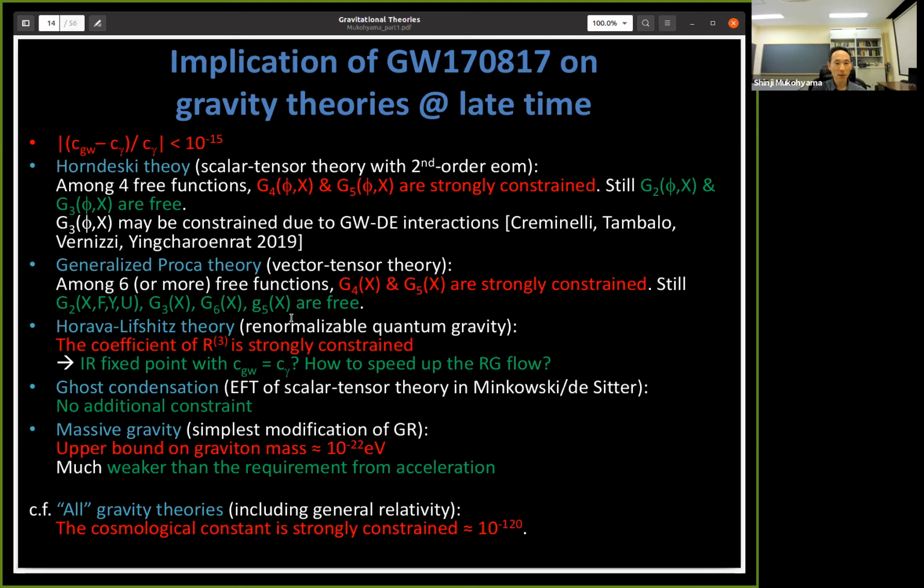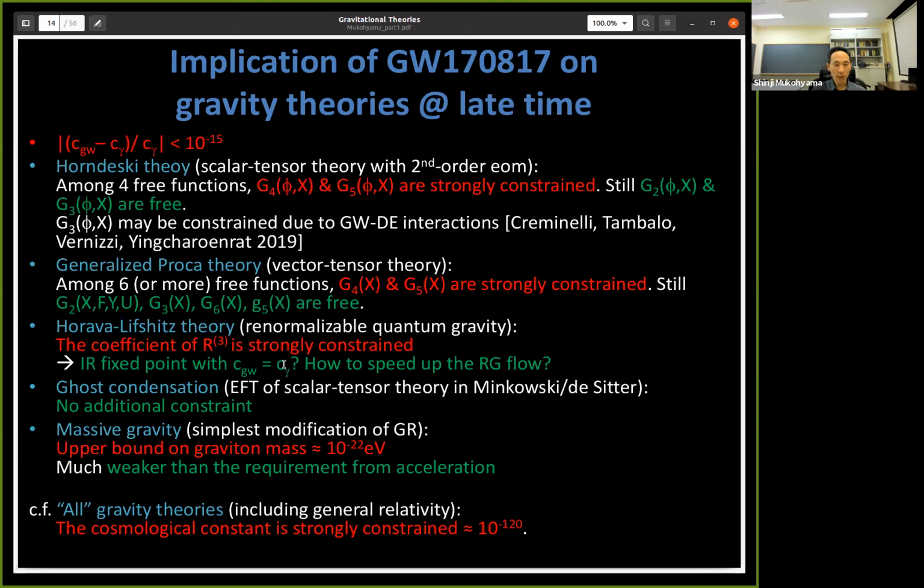Still, other functions are free, and I'll talk about this in detail later. In Hořava gravity, the coefficient of the 3-dimensional curvature controls the speed of gravitational waves, so this is strongly constrained. This suggests that maybe we should find the IR fixed point with this property, and this is very important information about the RG flow of this theory, probably.